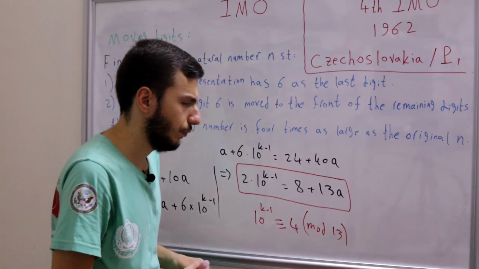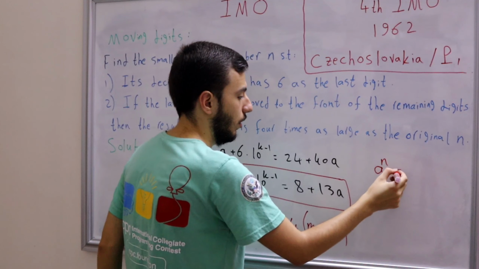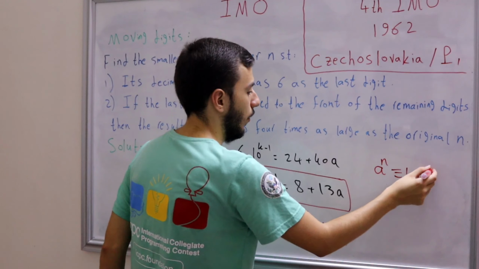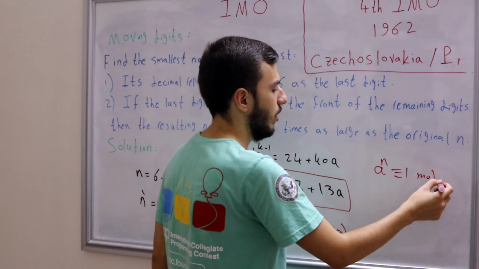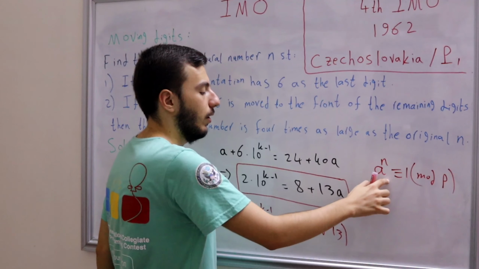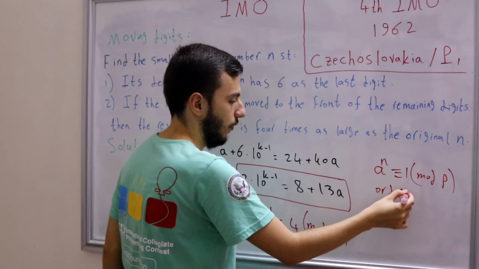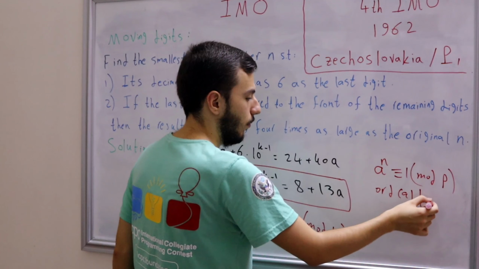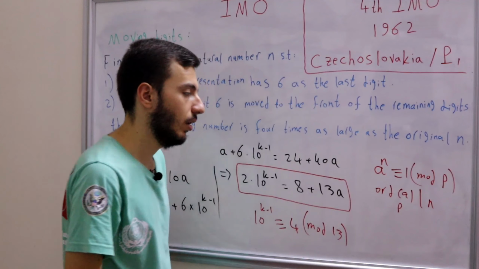If we have some number a to the n congruent to 1 modulo a prime p, the simplest case, then there is some number called the order of a with respect to p that must divide n.